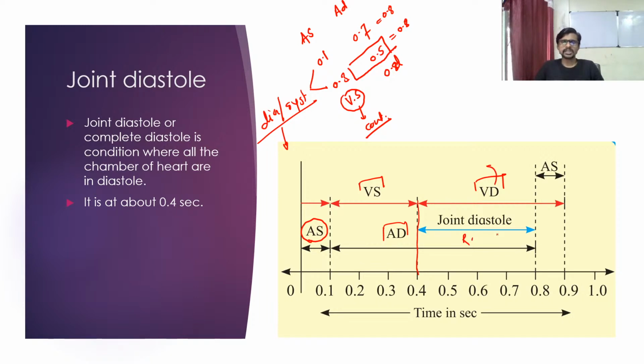At this point, the atria and ventricle both are in the relaxed form. And this is called a joint diastole. So we call it a joint diastole.